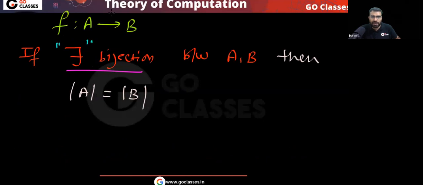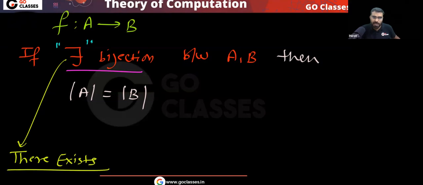This is important. I'm not saying that every mapping is a bijection. We are not saying that every mapping should be a bijection. We are simply saying there exists a bijection.